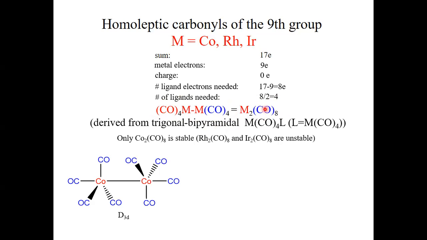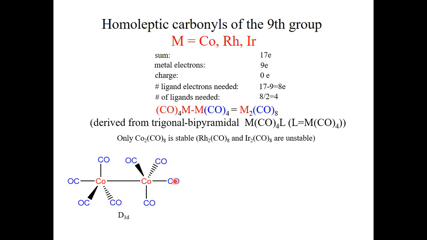And the structure of these dimers is derived from a trigonal bipyramidal structure, because each metal is surrounded by 5 substituents. Okay, so these are 1, 2, 3, 4 carbonyl ligands, and then the 5th substituent would be the other carbonyl fragment here. Okay, so for the other cobalt, the same.